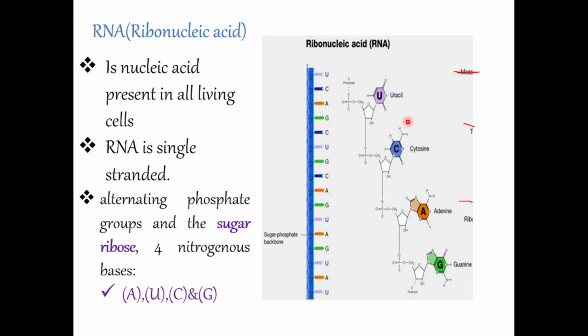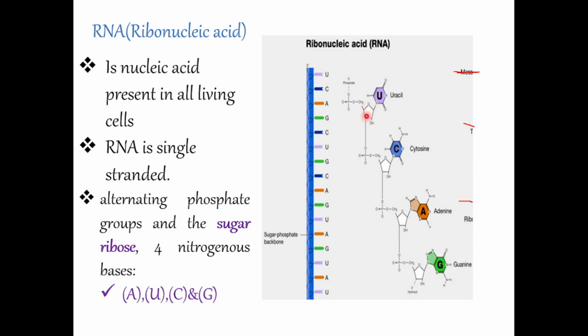The nitrogenous bases on RNA are uracil, cytosine, adenine, and guanine. Mind you here, this nitrogenous base is connected to sugar by glycosidic bond, just like DNA.